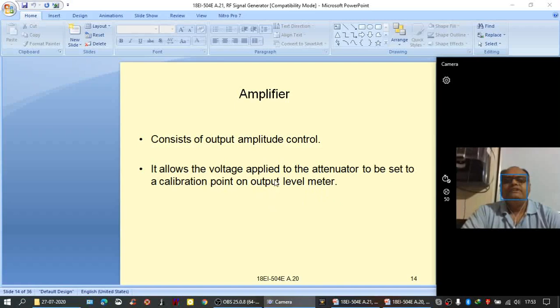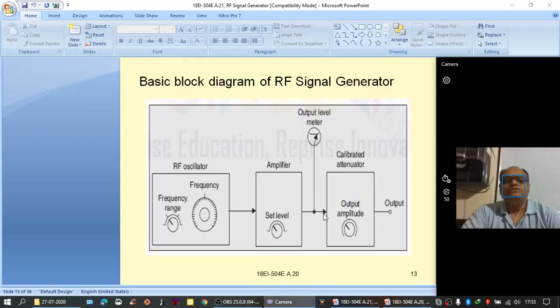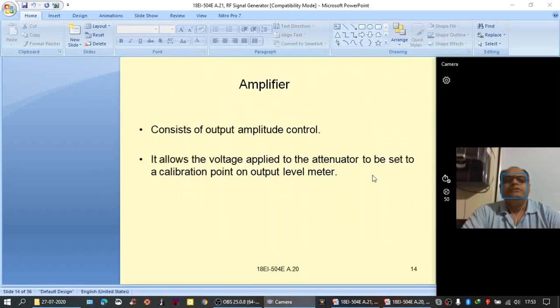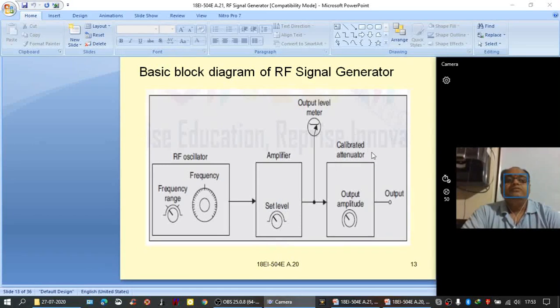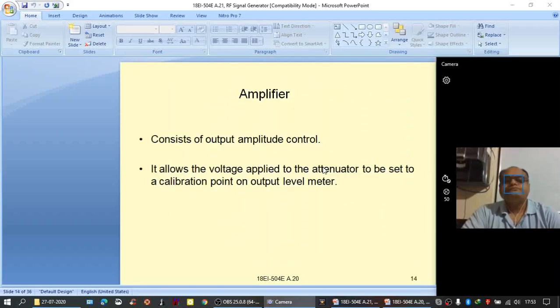It allows the voltage to the attenuator, that is the output of this amplifier is the input to the attenuator, to be set to a calibration point on the output level meter. The calibrated attenuator will have the preset values. So by adjusting this set level, we have to adjust that to any one of the preset values here, and that can be observed on the output level meter.